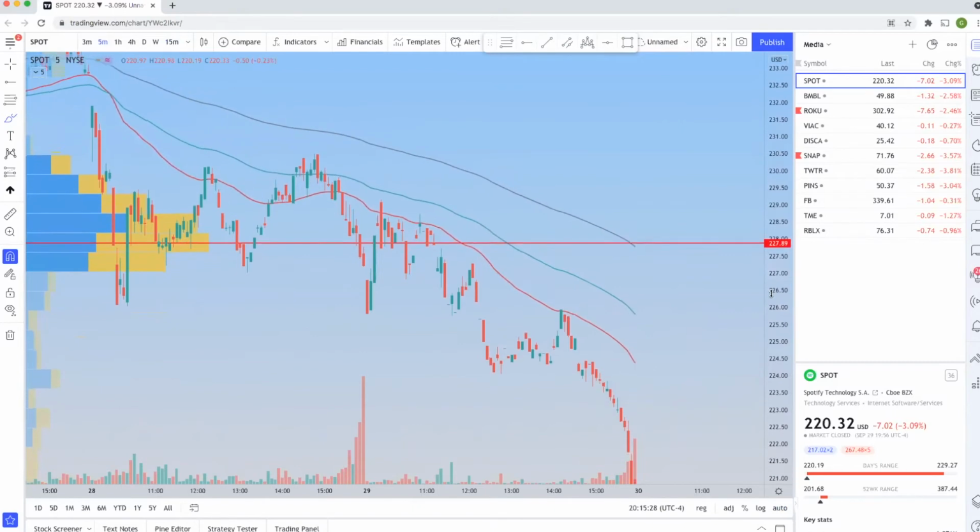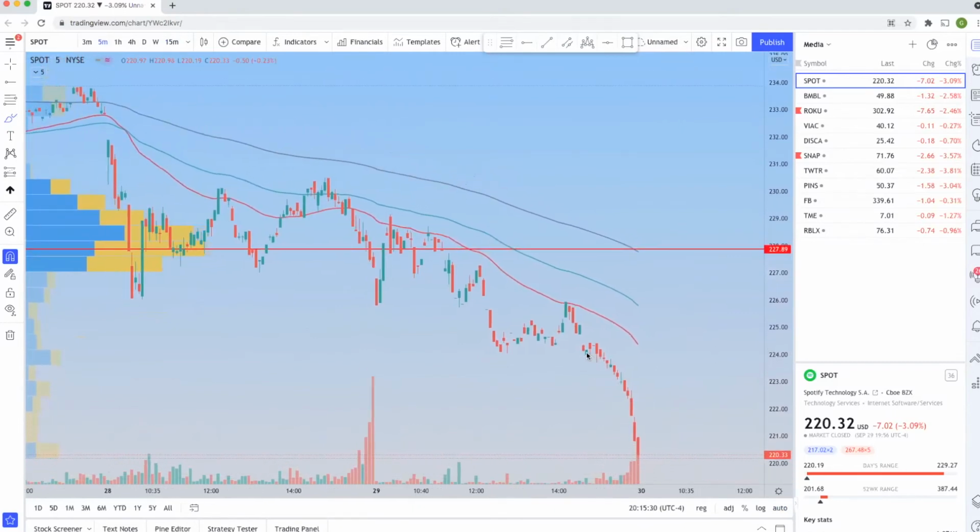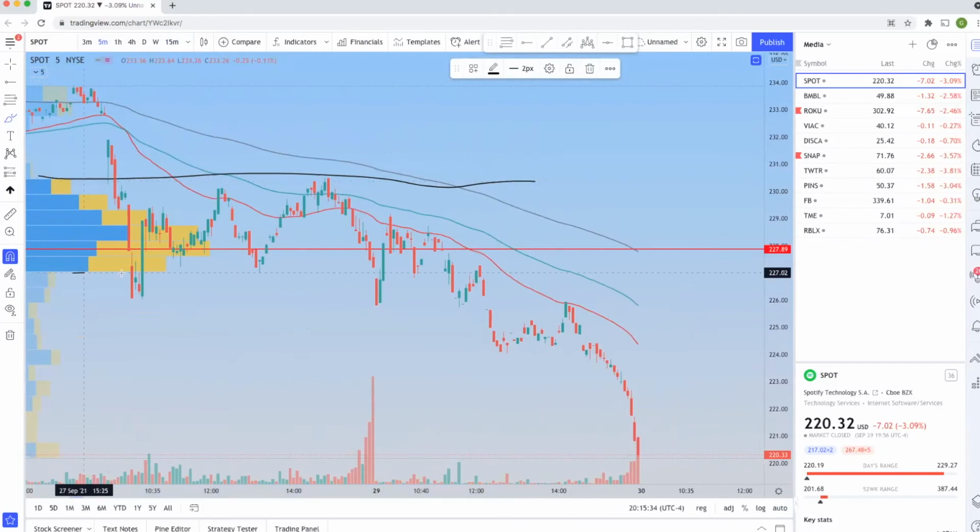Okay. So see, this zone, lots of volume. It's about half and half here, here. Here's a bit stronger in the buy, here too, here too, here too.